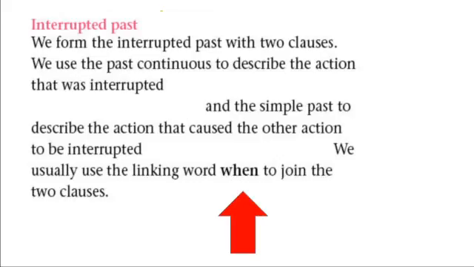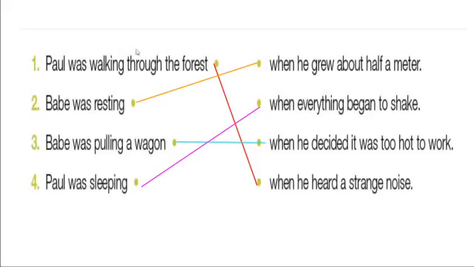Y recuerde, entonces esta oración está en past continuous. ¿Cómo sabemos que está en past continuous? Porque primero tiene el verbo to be in past, was. Ocupamos was with one person. And then the verb is with ing. El verbo está con ing. Okay? This sentence is in past progressive or past continuous.